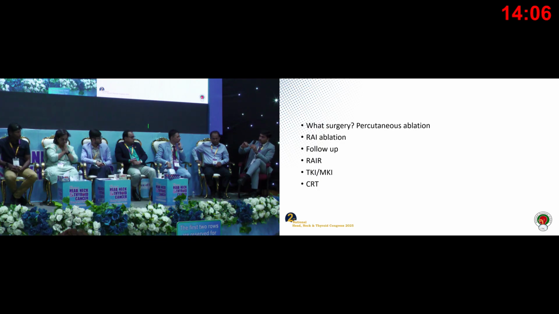So in that sense, we do send the patient for evaluation by the nuclear medicine people so that they are aware and can guide us about how or when we should intervene. So once we operate, we keep the patient off thyroid supplements, and measure TG and anti-TG at baseline. The TG value will guide you whether you will need to do any further evaluation.